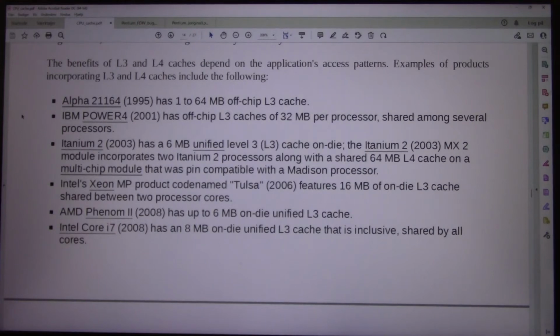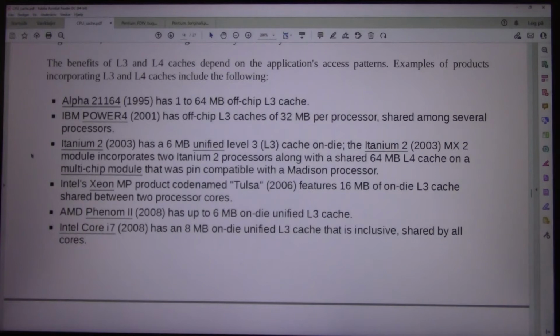Itanium 2, 2003, has a 6 megabyte unified level 3, L3, cache on die. The Itanium 2 MX2 module incorporates 2 Itanium 2 processors along with a shared 64 megabyte L4 cache on a multi-chip module that was pin compatible with a Madison processor.